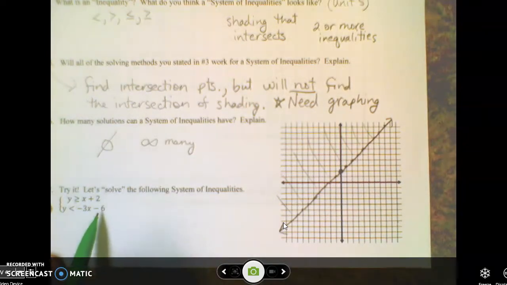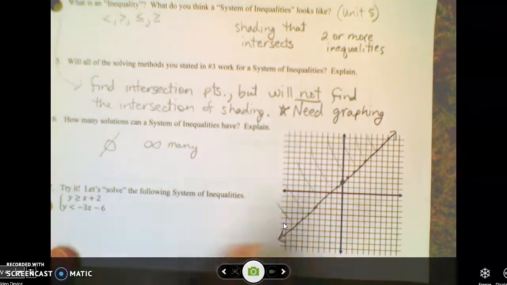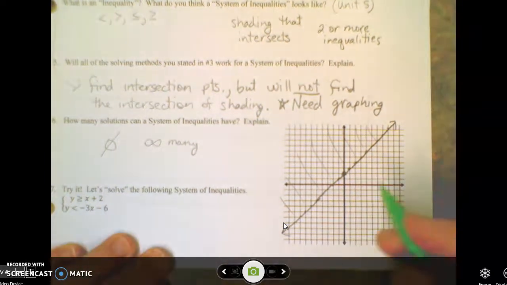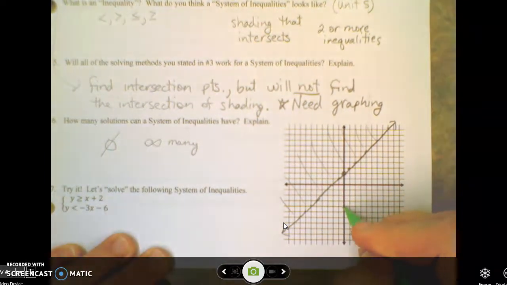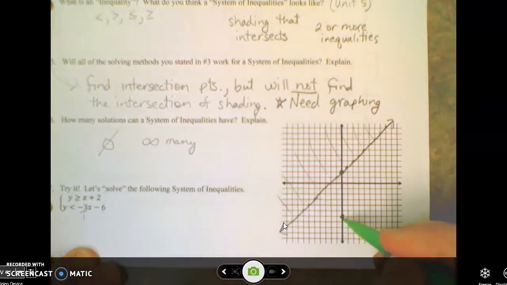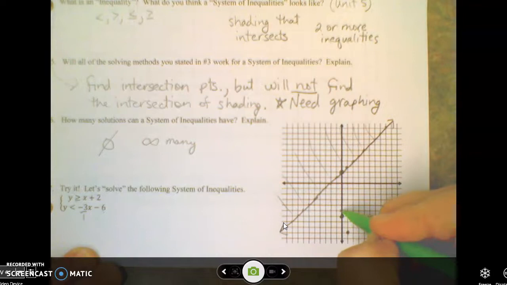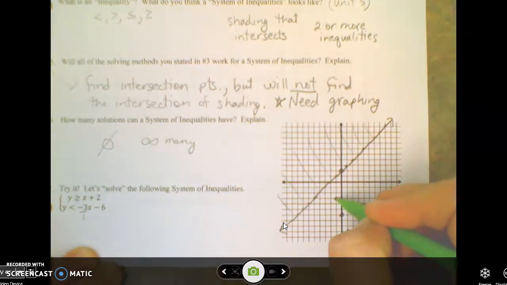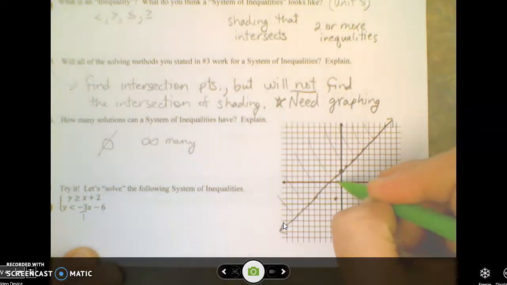Now for the second inequality, I had a y-intercept of -6. 1, 2, 3, 4, 5, 6. And a slope of -3/1, which is down 3, right 1. Take a minute and pause if you need to graph this.